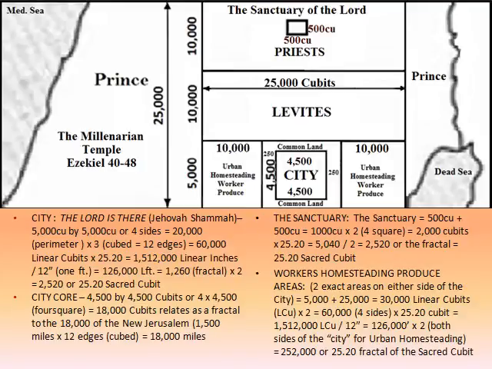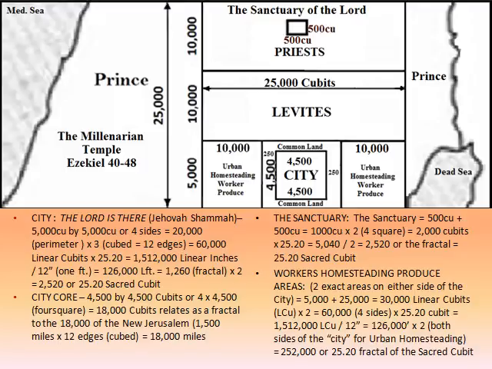Here again is the holy district. The city known as the Lord is there, Jehovah Shammah, is 5,000 cubits by 5,000 cubits, or 4 sides. That is 20,000 in its perimeter, times 3 if we cubed it, having 12 edges, would equal 60,000 linear cubits, times 2520, the sacred cubit measurement, would give us 1,512,000 linear inches in the city area.